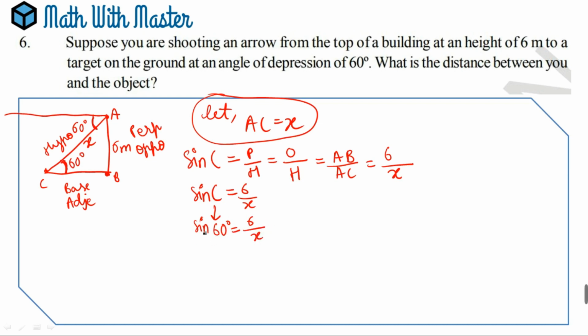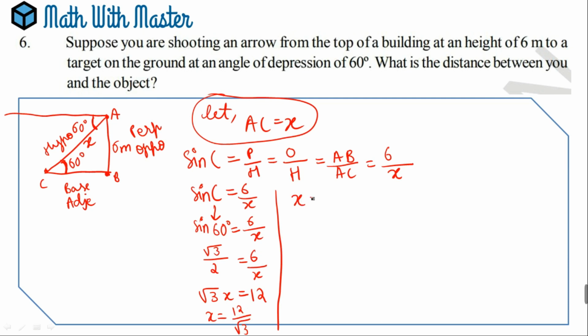So what is sine 60 degrees? It is root 3 by 2. Root 3 by 2 is equal to 6 by x. So root 3x is equal to 12, and then x is equal to 12 upon root 3. Instead of 12 we can write 4 into 3 upon root 3.